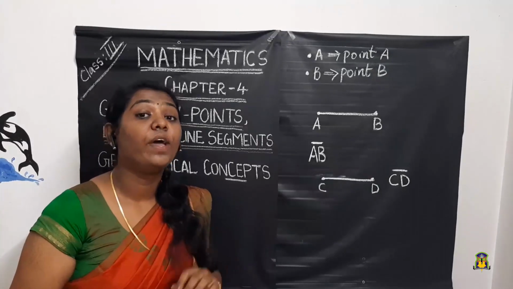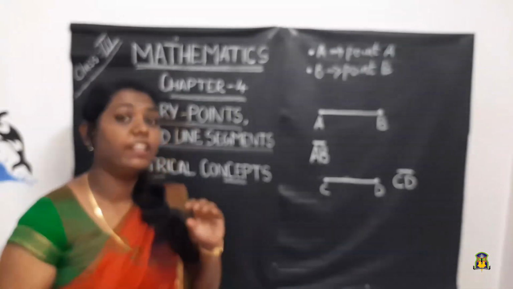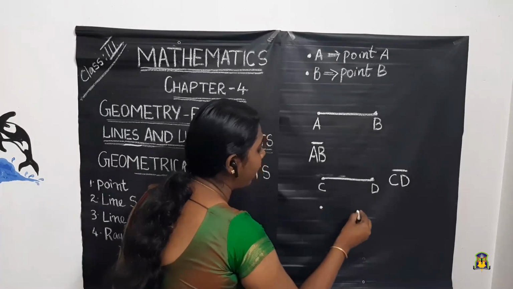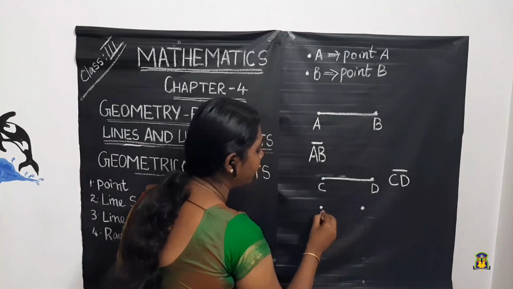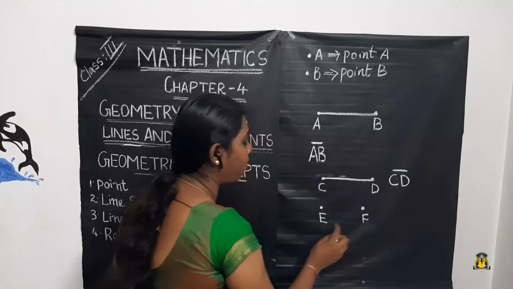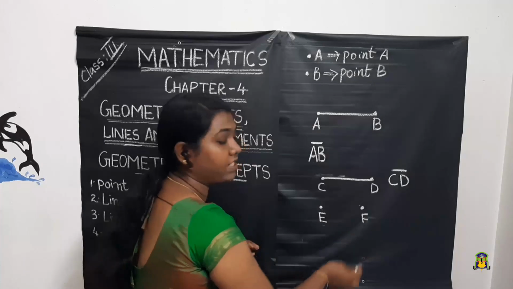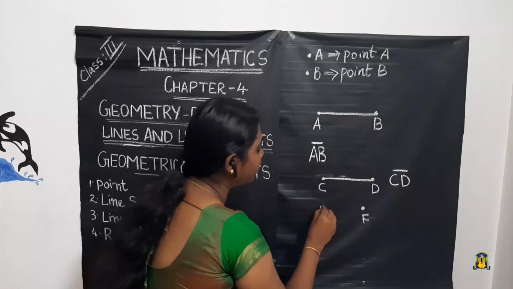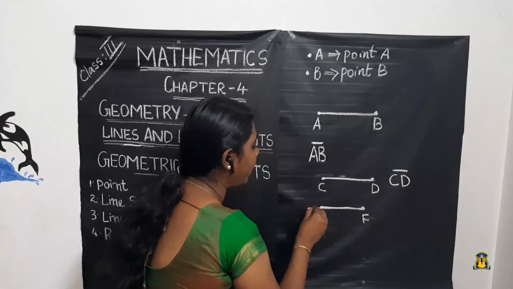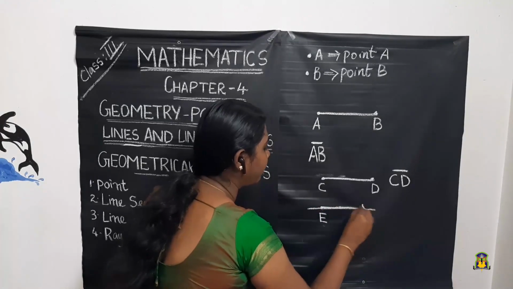It will go endlessly. Okay, that one I will show to you. Here I am going to make another 2 points. Let it be E, F. So this is point E and point F. Now I am going to join these 2 points and I got a straight line here.